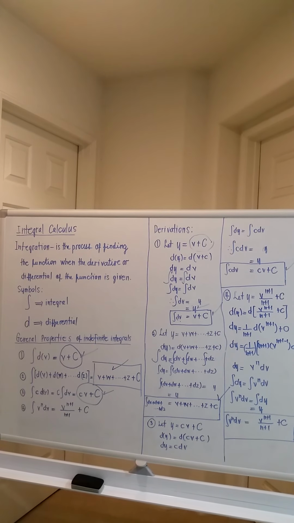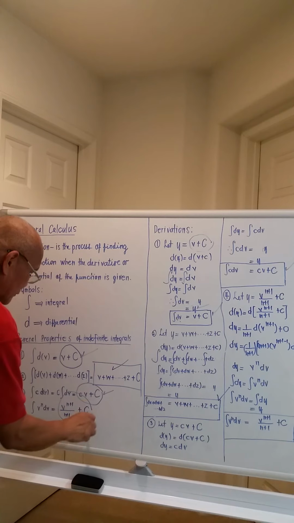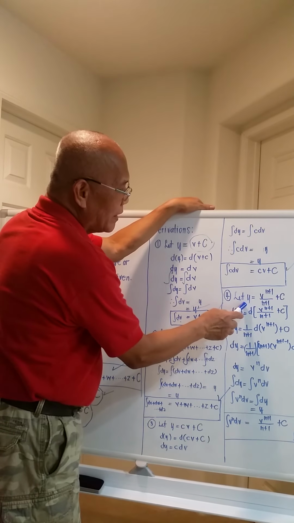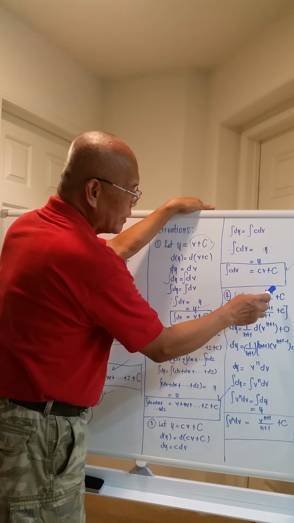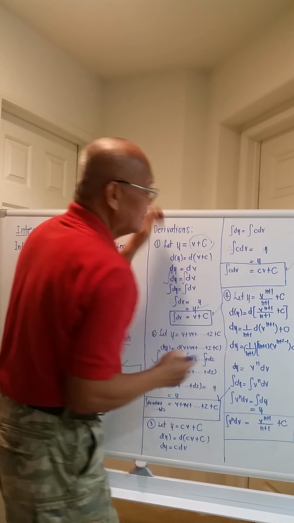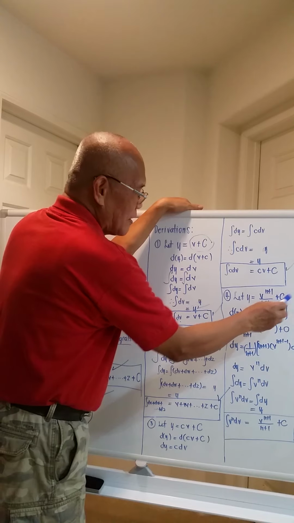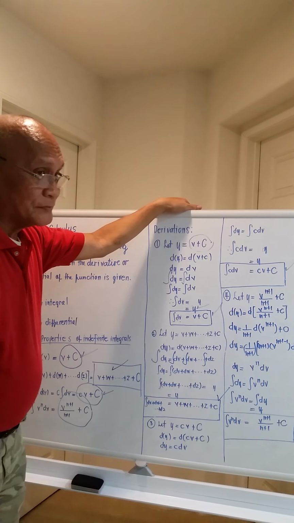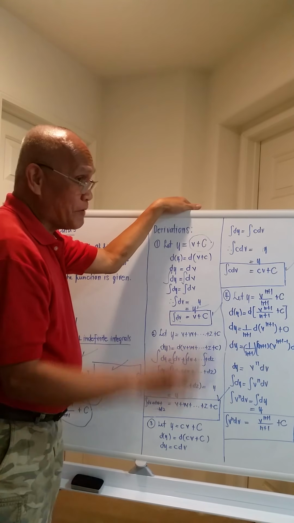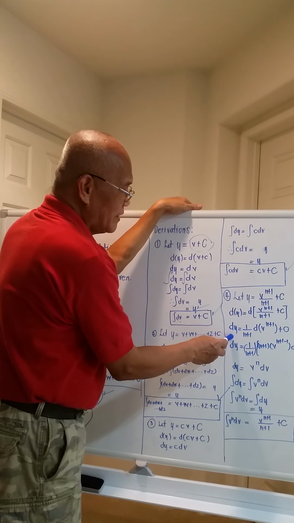Okay? Let's try to bring out formula number 4. We let y equal to v raised to n plus 1, all over n plus 1, plus capital letter C. We let that one be equal to that for the meantime. Okay? Take the differential of both sides. The differential of y is just dy.